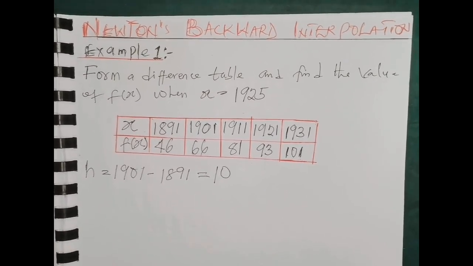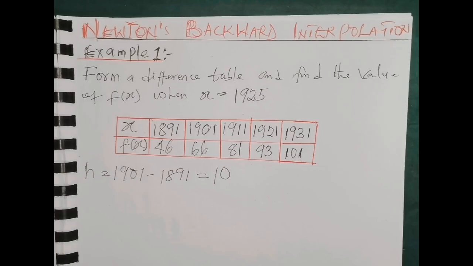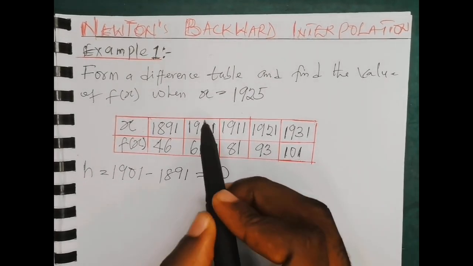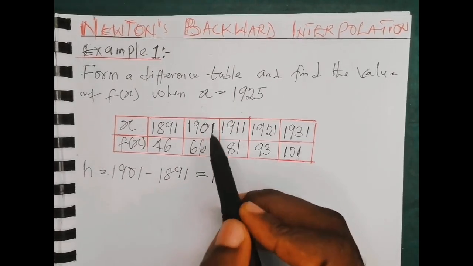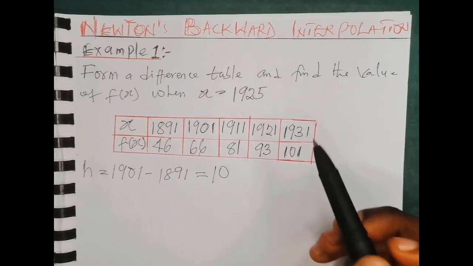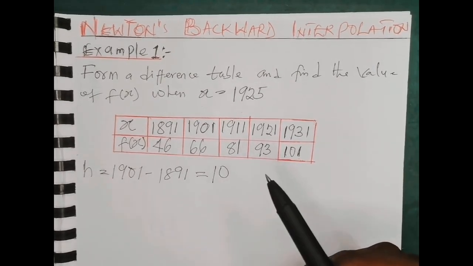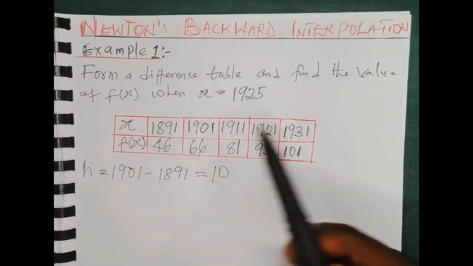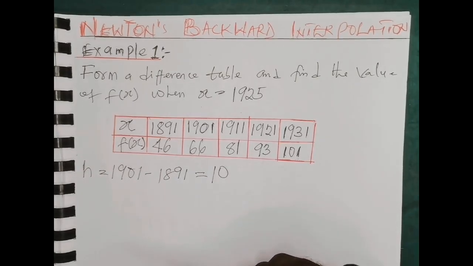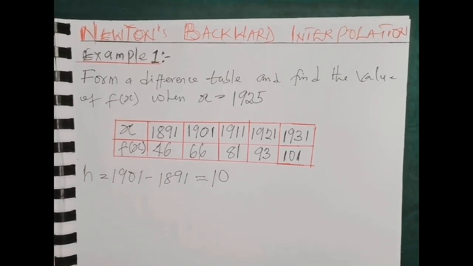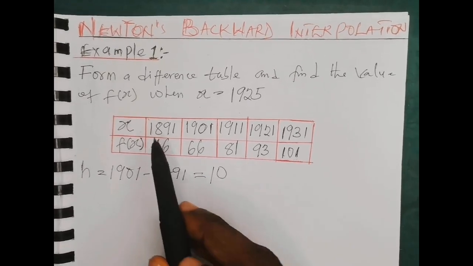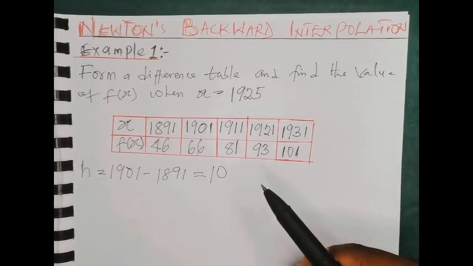Okay, then again, in order to know more specifically which method to use, you consider the value of x which you're interpolating. If it lies at the forward of the table, then we use the Newton's forward interpolation method. But if this value that you're interpolating lies at the back of the table, then you use the backward interpolation method. Now, how do you know which is forward table and which is the backward table? Simply by bisecting the table of values into two.